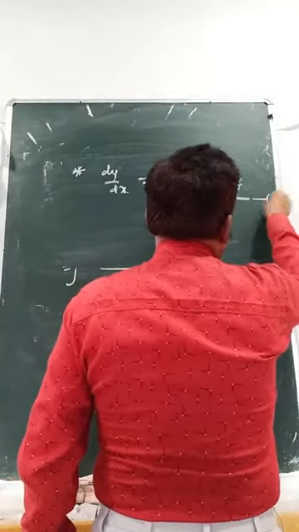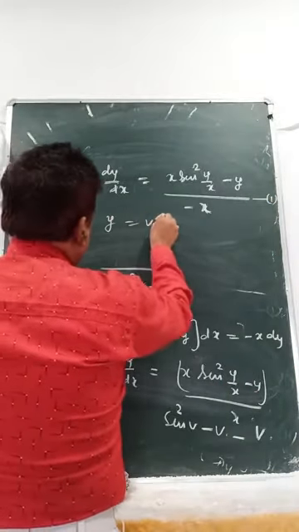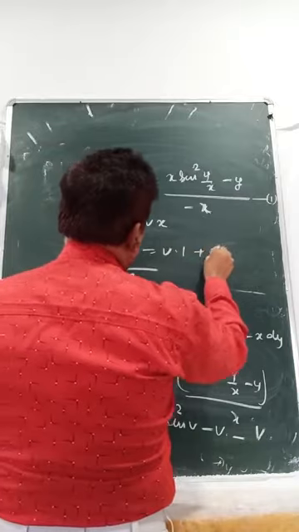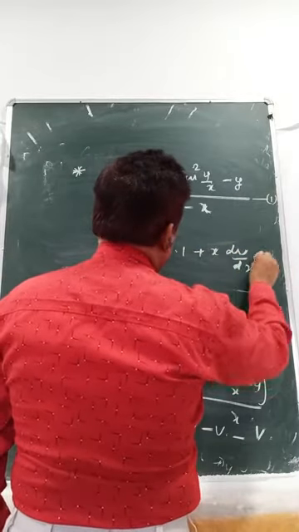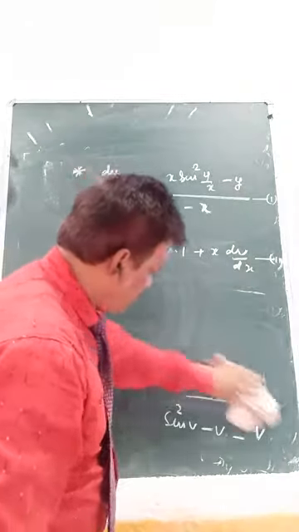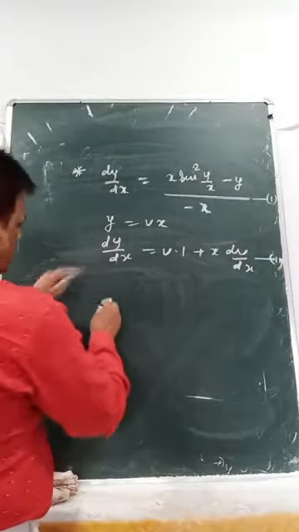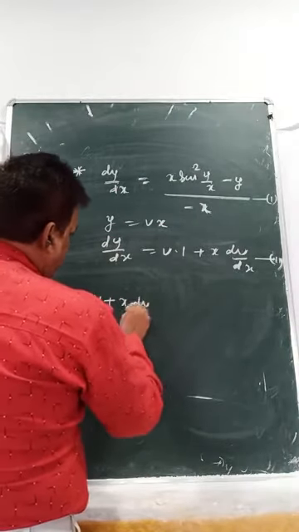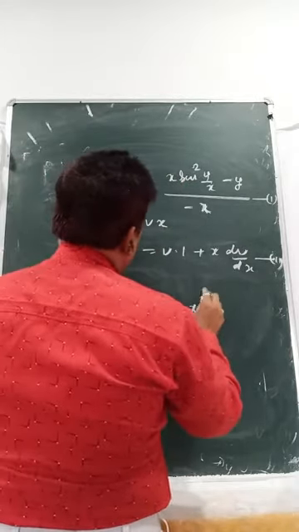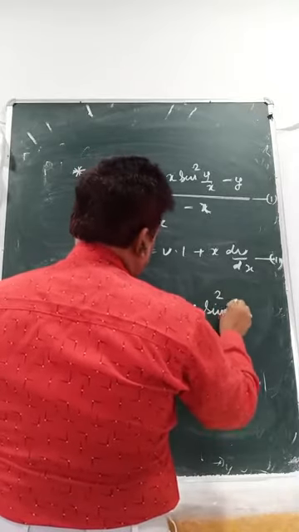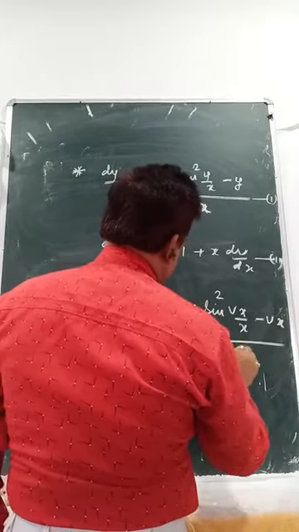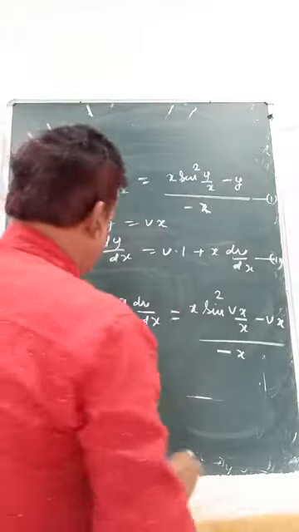Okay, so y equals vx. dy by dx equals v into 1 plus x dv by dx. So that gives v plus x dv by dx equals x sin square vx by x minus vx divided by minus x. This minus I had forgotten.